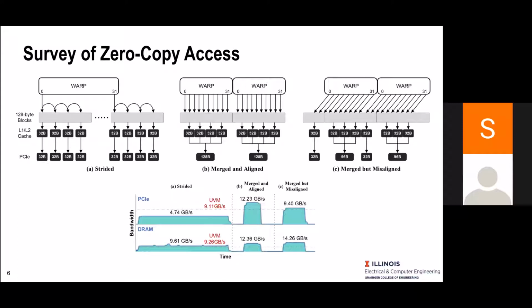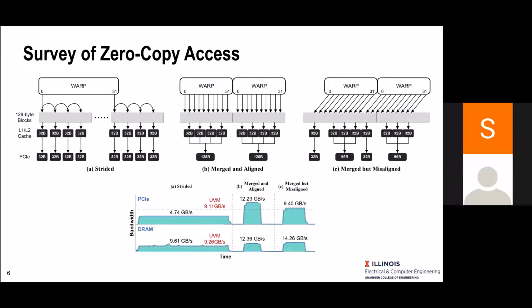The strided access pattern, basically, even if there is a spatial locality, you're ignoring it and you're just intentionally accessing in a larger stride, and there's no spatial locality detected in this case. In this case, underlying the hardware, what happens is that all the requests are chopped into smaller 32-byte requests, and the PCI request also goes down to the 32-byte request. This means the number of PCI requests that you generate to access the same amount of data increases significantly.